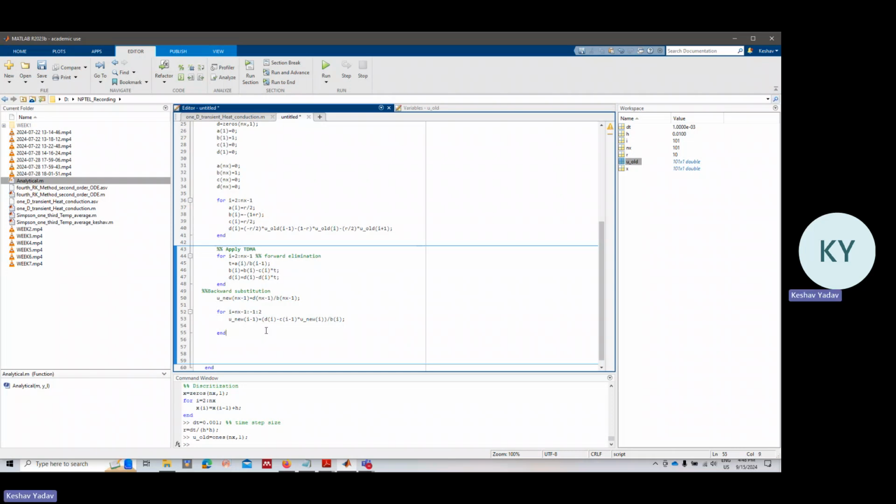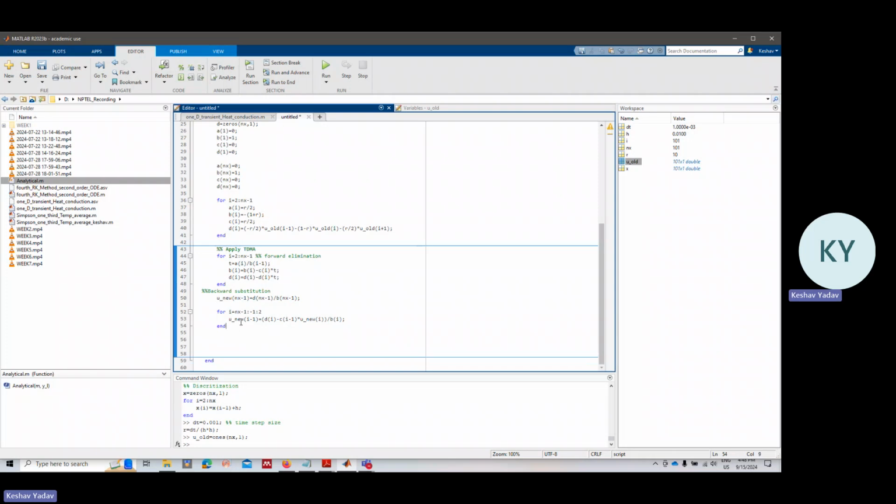Okay, this is the formula. Now I have done the forward elimination and backward substitution. Now I need to apply the boundary condition also.